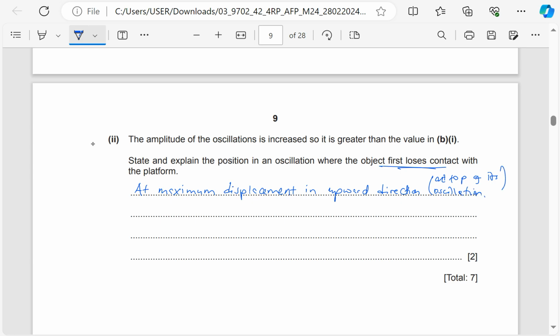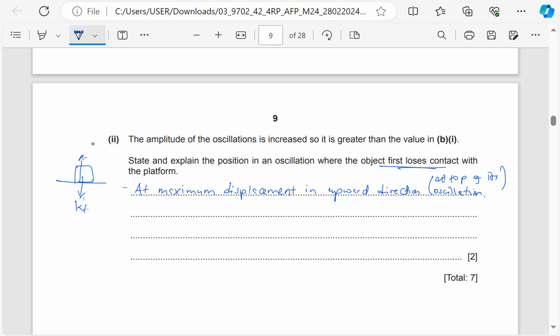But why? Of course, we know at the top of its oscillation, the contact force. Remember, if this is the platform and this is the object, its weight is acting downwards and the contact force is acting upwards. At the highest point, the contact force decreases, and at the highest point it becomes zero. That means the resultant force is only going to be the weight downwards.